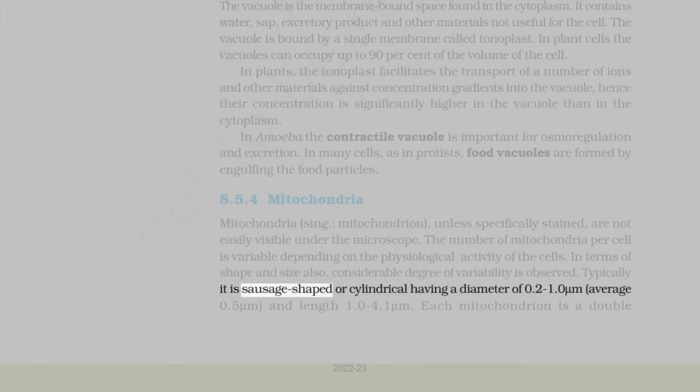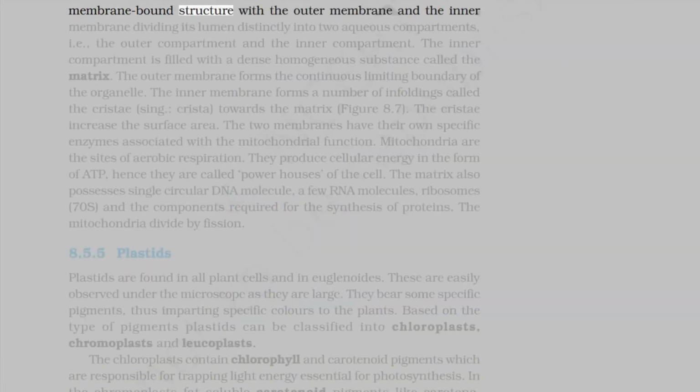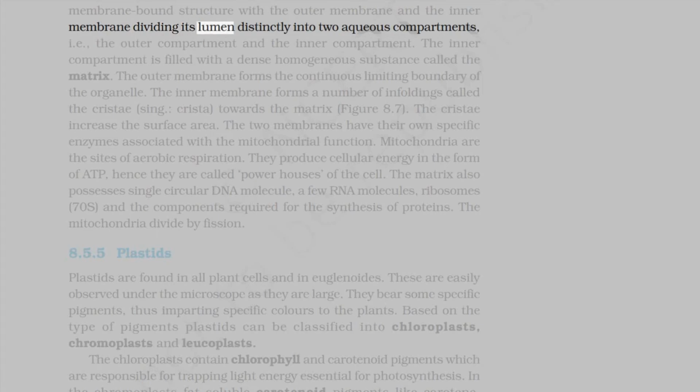Typically, it is sausage-shaped or cylindrical, having a diameter of 0.2-1.0 µm, average 0.5 µm, and length 1.0-4.1 µm. Each mitochondrion is a double membrane-bound structure with the outer membrane and the inner membrane dividing its lumen distinctly into two aqueous compartments, i.e., the outer compartment and the inner compartment.